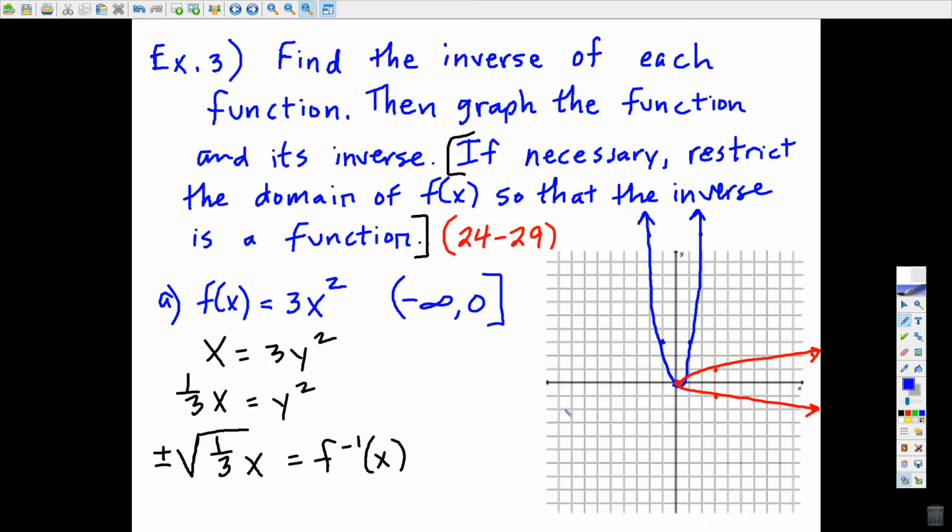Okay, so if you look at this, because of plus and minus, we have two different functions here. The positive represents one half of that parabola, and the negative represents the other half. All right, so think with me for just a second and see if you can visualize this. Remember that an original function picks up and flips over y equals x to create the inverse.